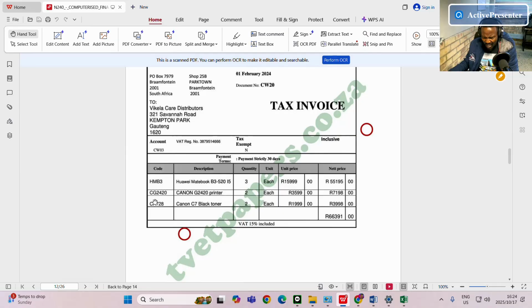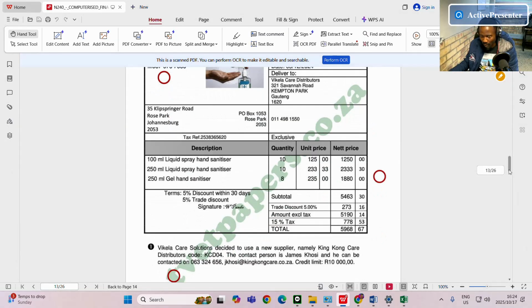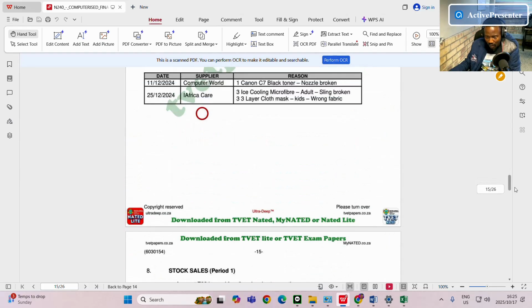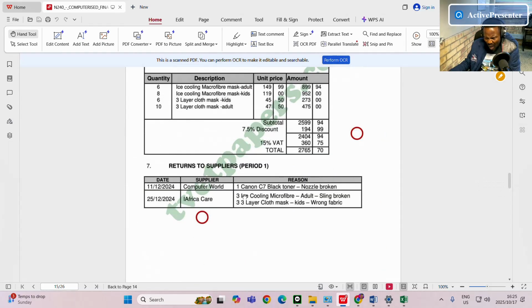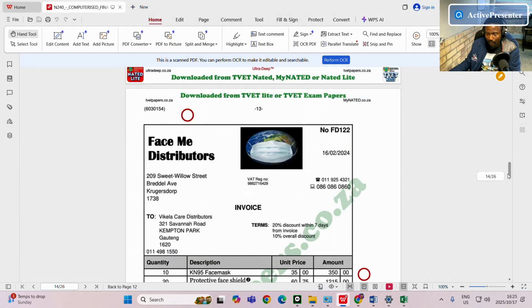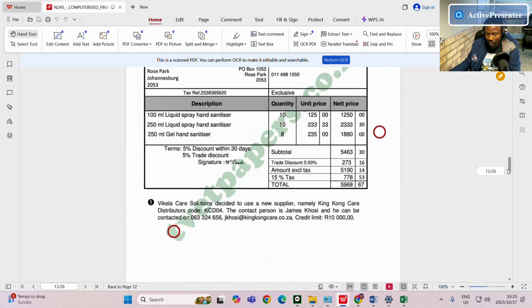What did we return actually? Let me go confirm one more time with you guys. We returned one Canon C7 black toner. Okay, a black toner, that's a cartridge. And then obviously let's go check it out.